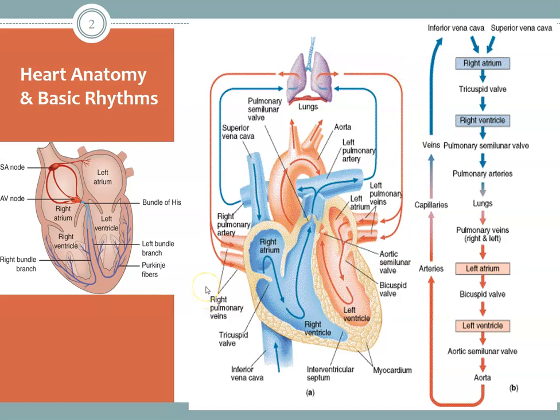It's important that you recognize this pattern and that you are able to describe it, so that you can understand what exactly is happening when something's going wrong in the body.